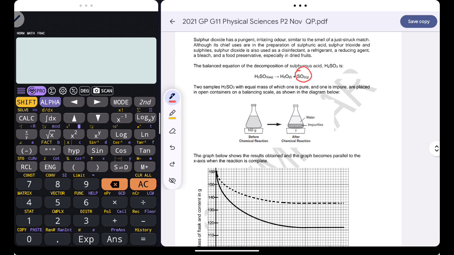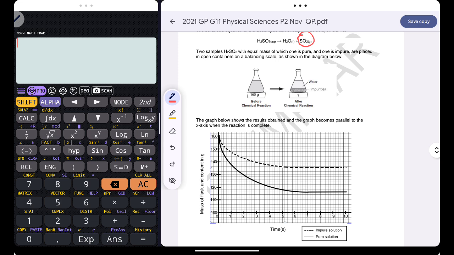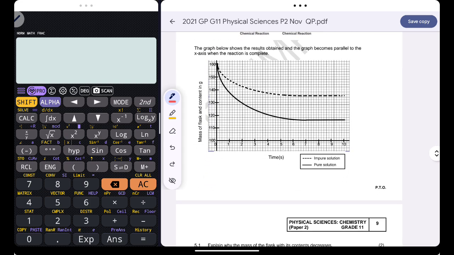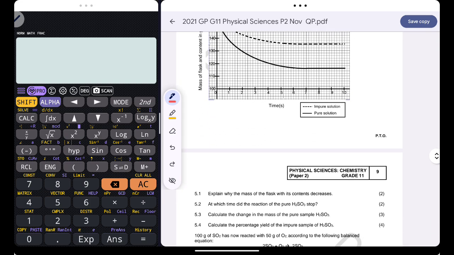Are you together? Whenever you are forming a gas or reacting two gases, for those gases not to escape the reaction vessel or container, you must have a closed system. Since this system is not closed, the gas will be able to escape. That's why there's a decrease in mass.